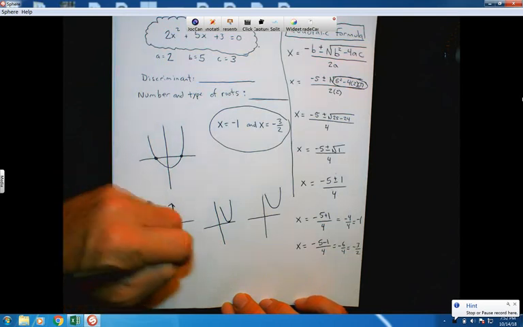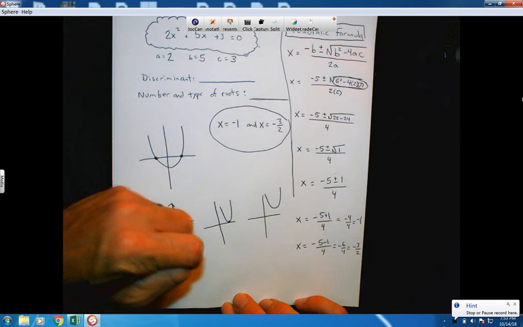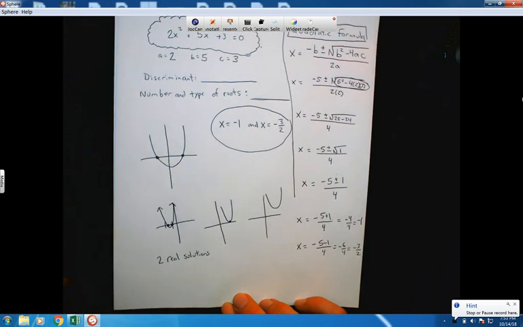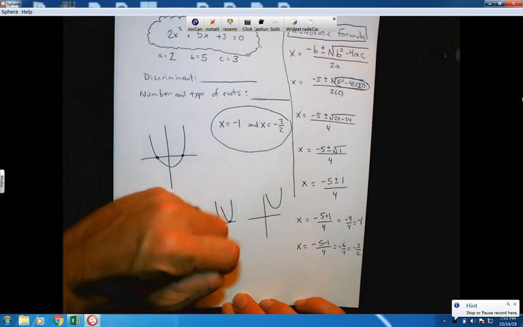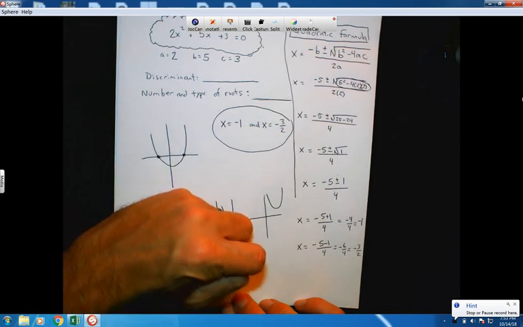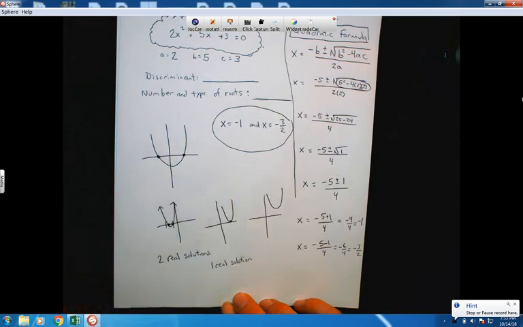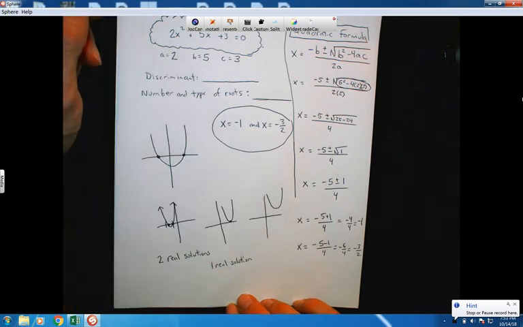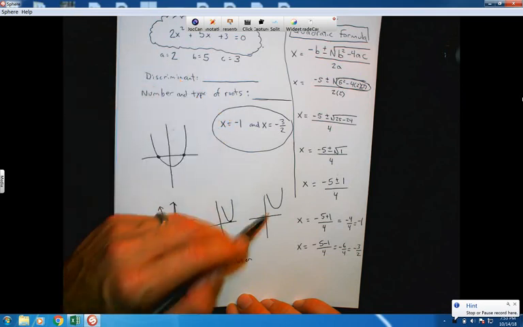So a quadratic could have 2 real solutions, or it could have 1 real solution, or it might not have any real solutions.